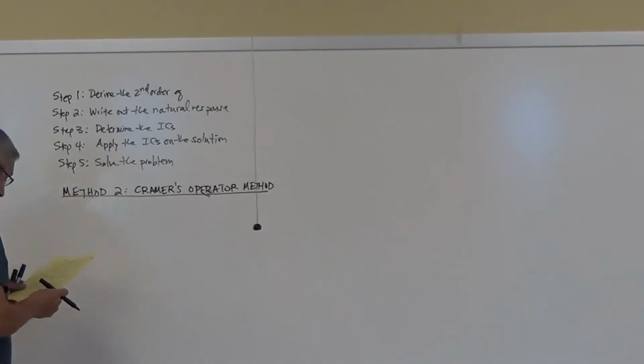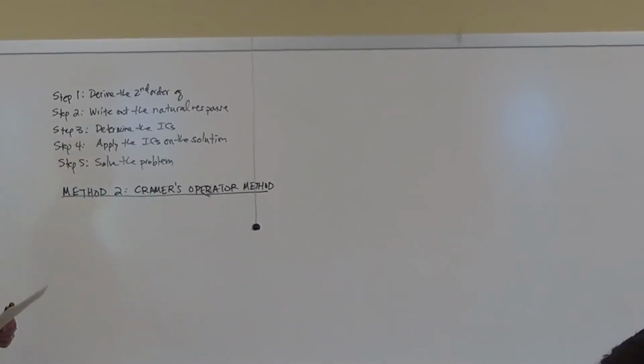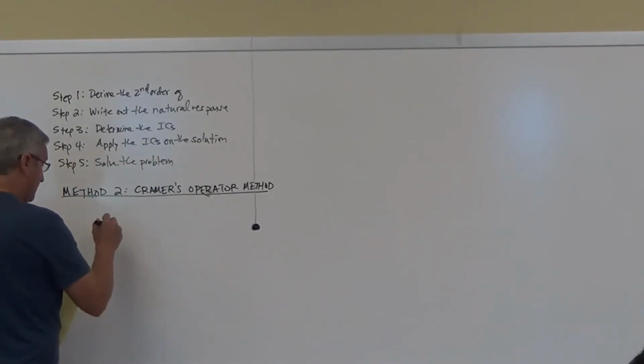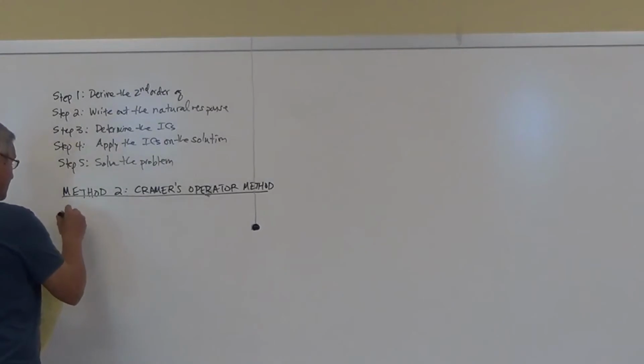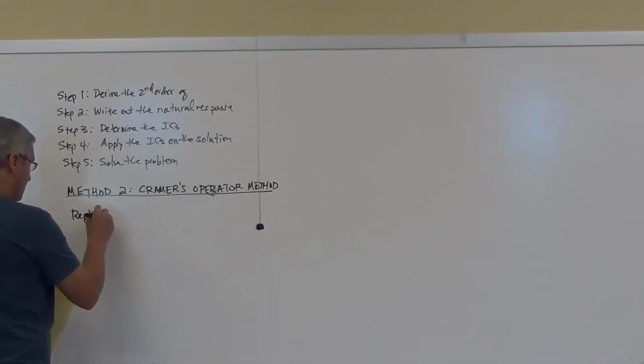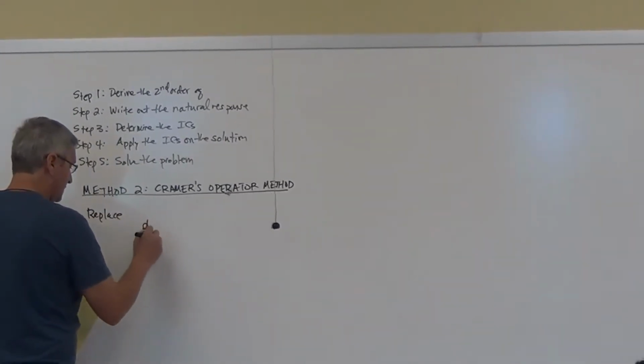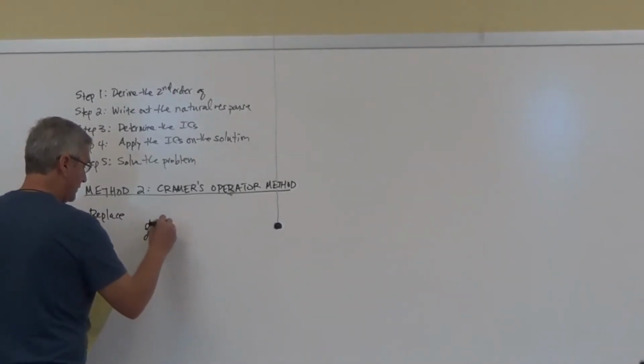And so all of the problem-solving techniques are the same. What we do here is replace the derivative operator or the integration operator with a variable. For example, we're going to replace d/dt by the operator s hat.